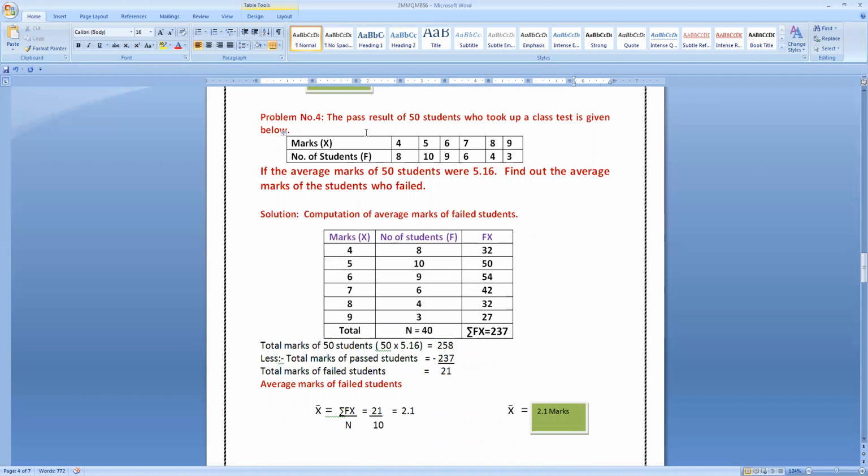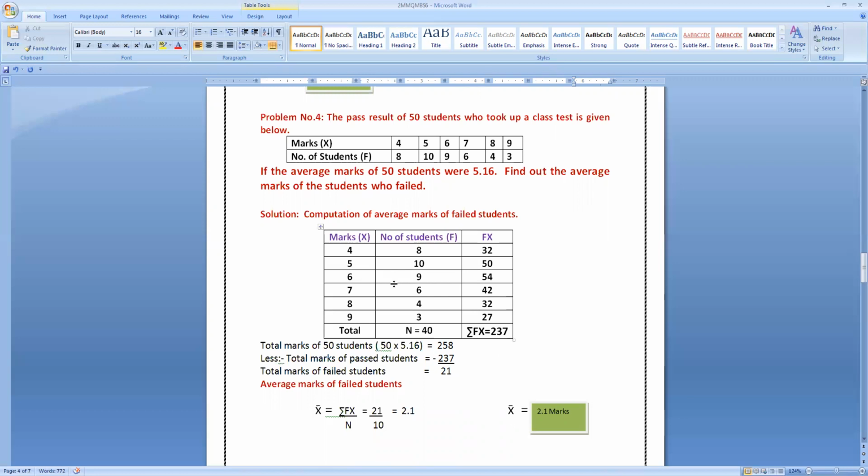The number of students who secure 4 marks is 8, 5 marks is 10, 6 marks is 9 students, 7 marks 6, 8 marks 4, 9 marks 3. The average marks of the 50 students, already calculated, is 5.16 as given in the question. We require to calculate the average marks of the students who failed.